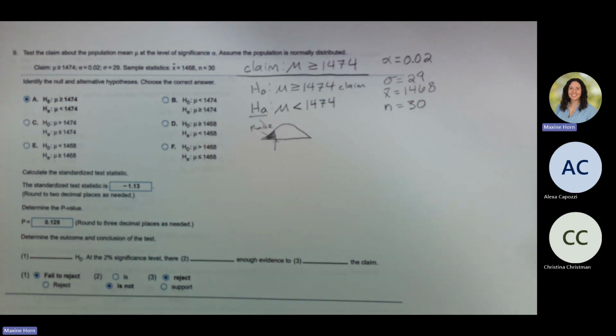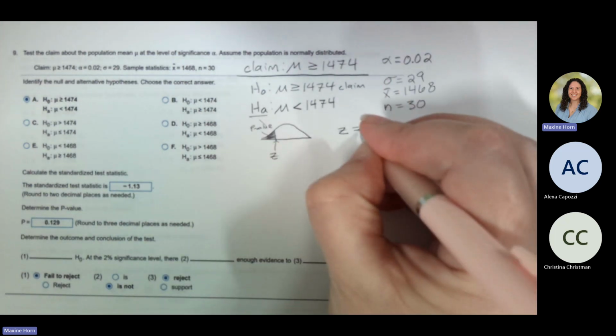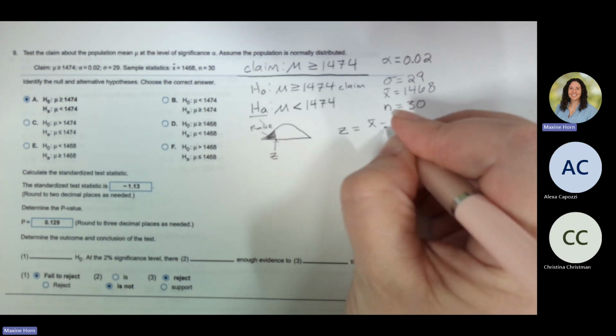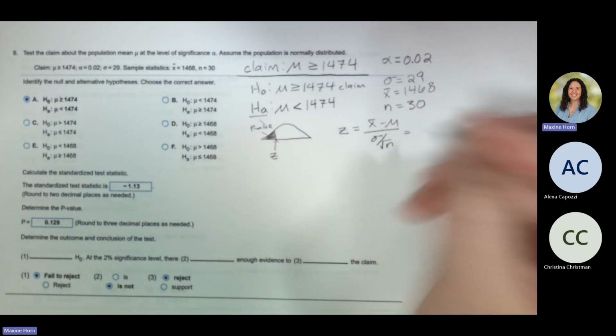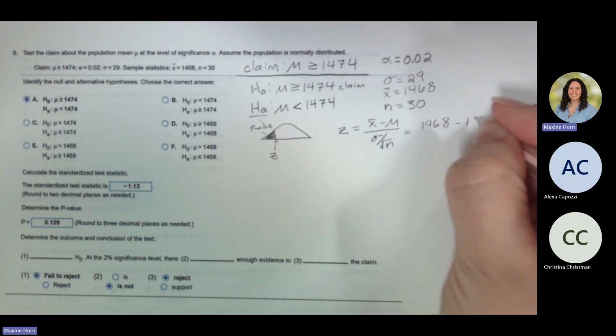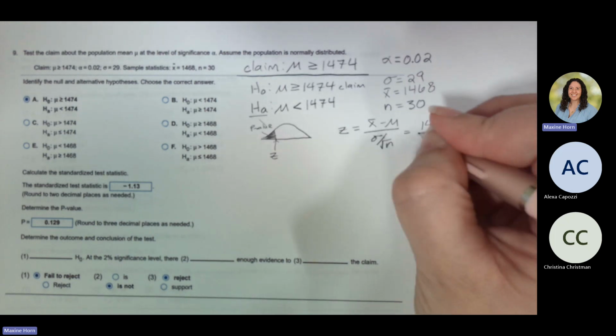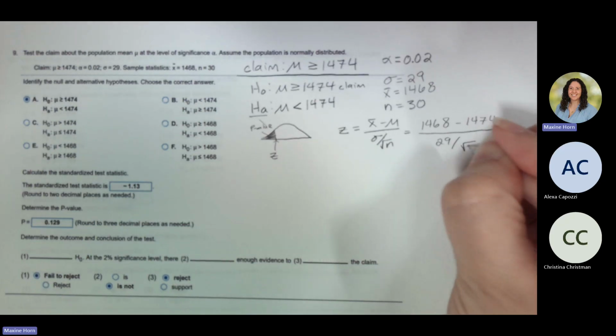Okay. All right. So first of all, calculating our standardized test statistic. Let's do that over here. We're going to use our formula, which is this. So we're going to plug in 1468 minus 1474 all over 29 over square root of 30.